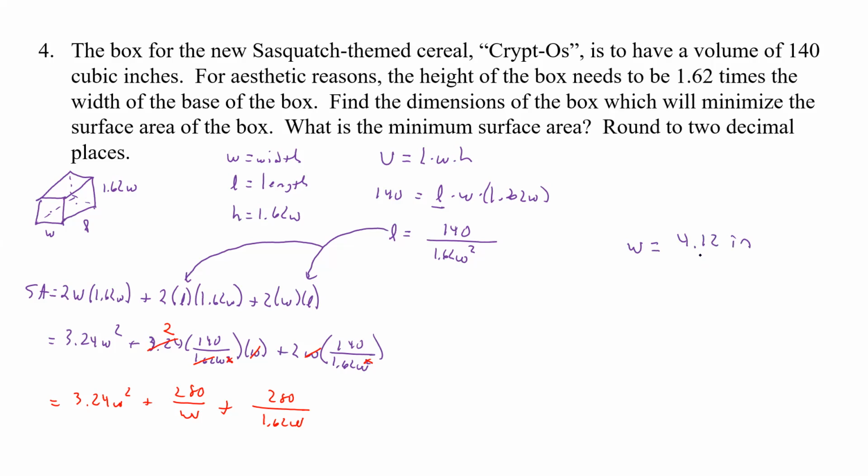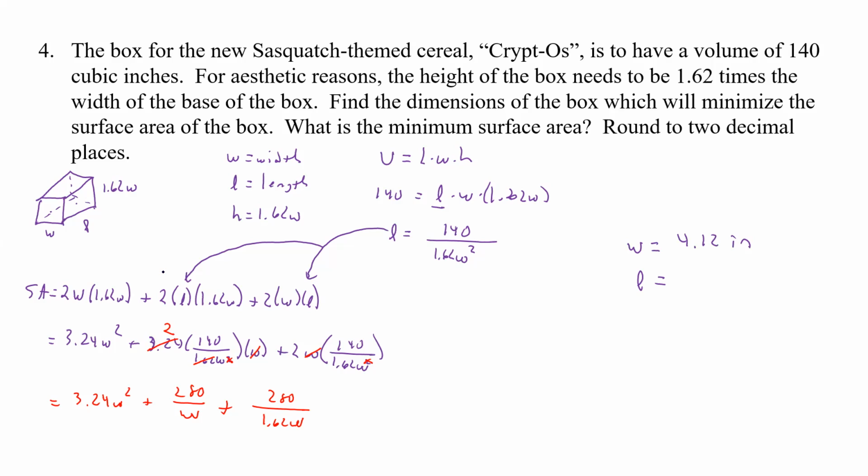Now, if we have that, okay, well, we can solve for L. L is going to be equal to, and I'm just going to type this in my calculator, 140 divided by the quantity 1.62 times 4.12. Oh, that was squared. I forgot to square that. All right, so squared.